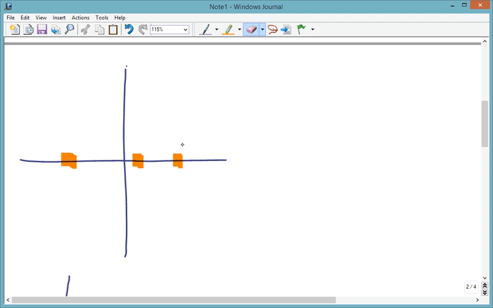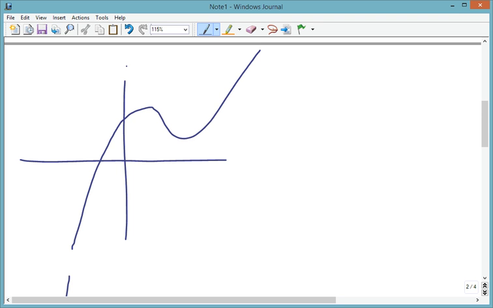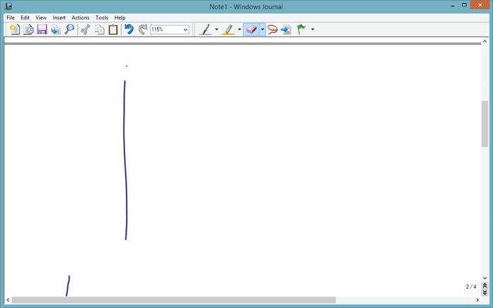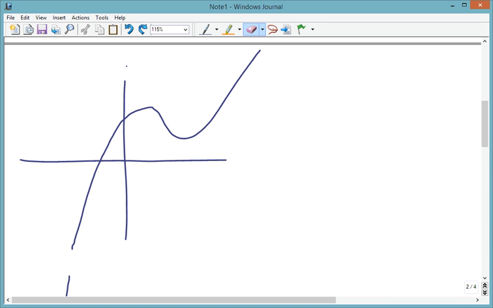Okay, well, I could also have a cubic that looks like this. Sorry, only one x-intercept.